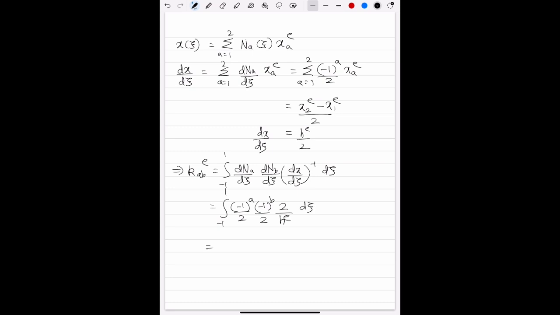When we evaluate this integral, we can summarize it as (-1)^(A+B) divided by h^e.